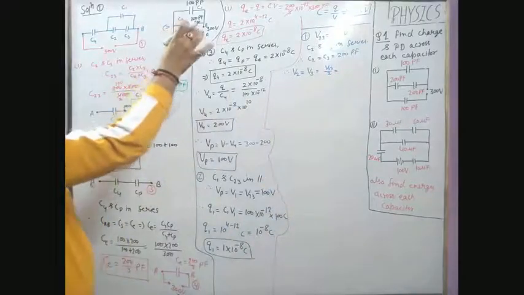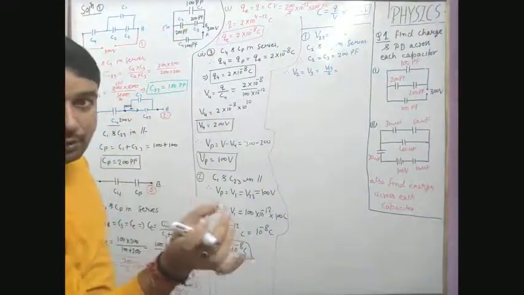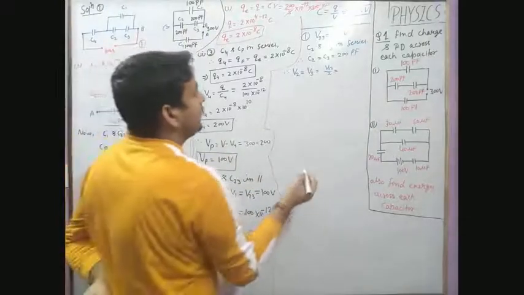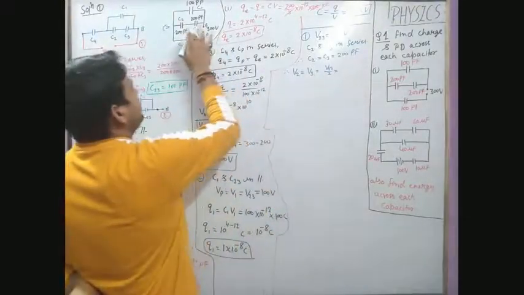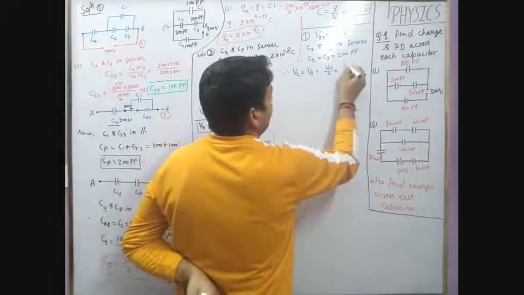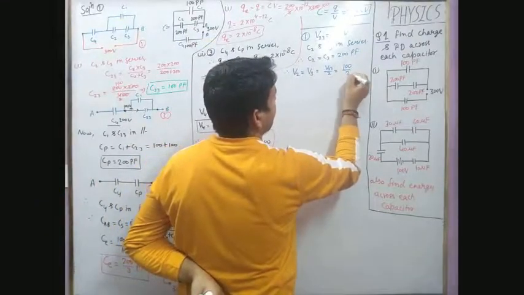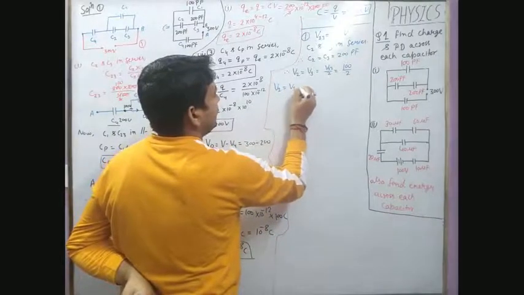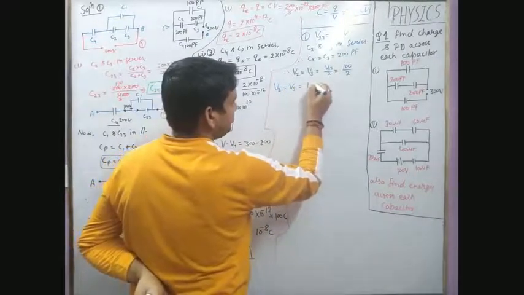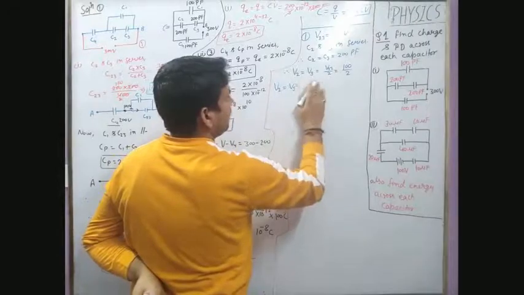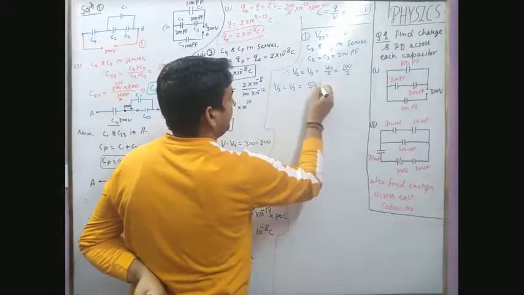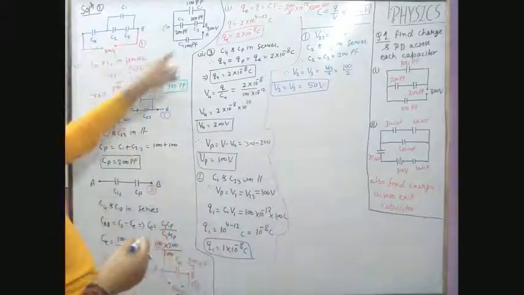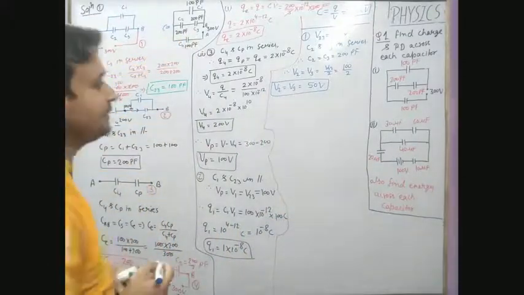In series combination the potential distributes, and here the values are equal, therefore 100 upon 2, which means V2 equal to V3 equal to 50 volt. This is the distribution of potential difference across C2 and C3.